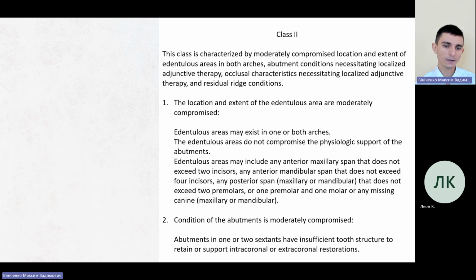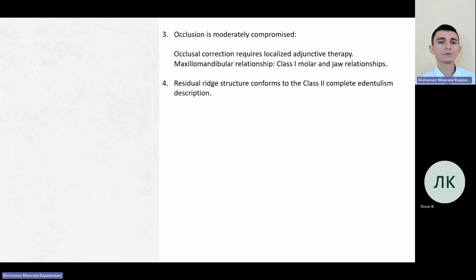Second, condition of the abutments is moderately compromised. Abutments in 1 or 2 sextants have insufficient tooth structure to retain or support intracoronal or extracoronal restorations. Occlusion is moderately compromised. Occlusal correction requires localized adjunctive therapy. Maxillomandibular relationship is class 1 molar and jaw relationships.